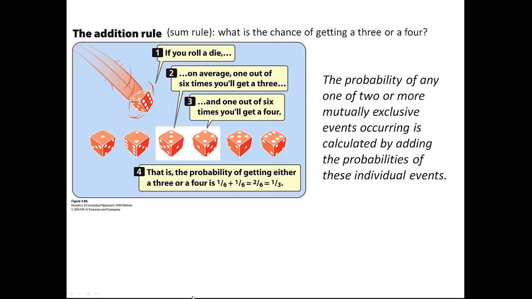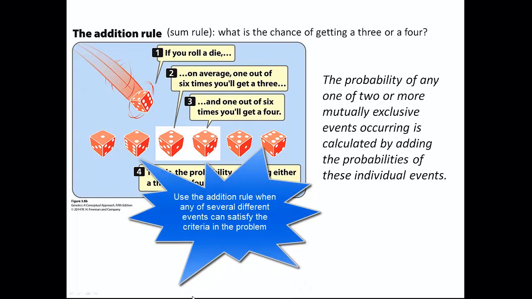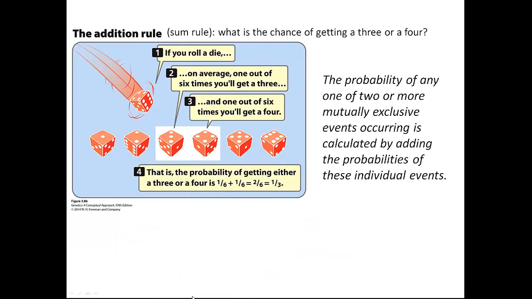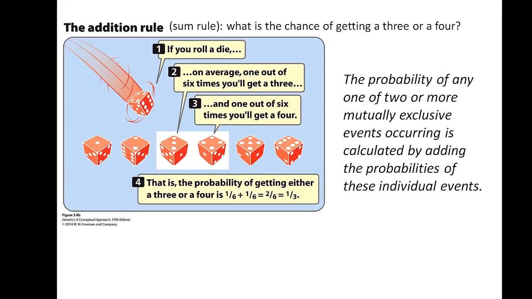Let's talk about the addition rule next. You're going to use the addition rule when there are multiple ways to satisfy a criteria that is set forth in a problem. And each of those individual events has its own probability associated with it. So the example we're going to look at here is rolling one die one time, and the question is, what is the chance of getting a 3 or a 4?